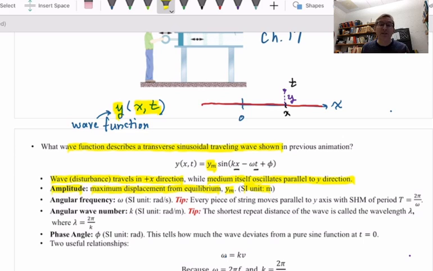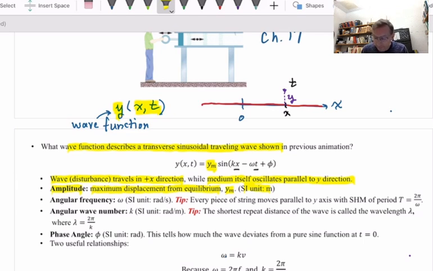And I know it represents the maximum displacement of any piece of string because the sine function's output can only oscillate between +1 and -1. So if I multiply that sine by a constant called y max, then the biggest the y can be is between plus y max and minus y max. That's called the amplitude of the wave, SI unit meter.